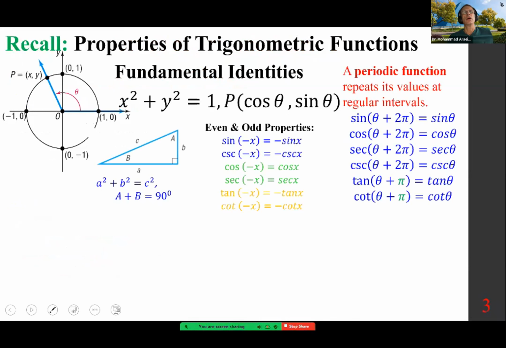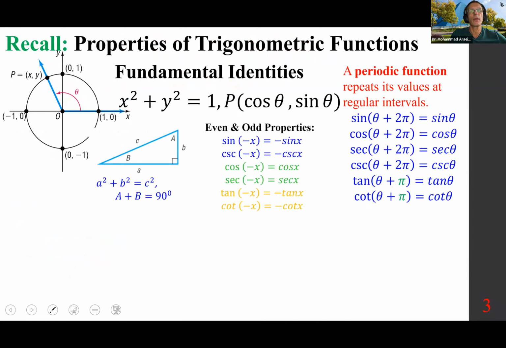Again, refreshing everyone's memory about the fundamental identities. This is the unit circle, x squared plus y squared equals 1. A point (x, y) is represented as (cosine, sine).